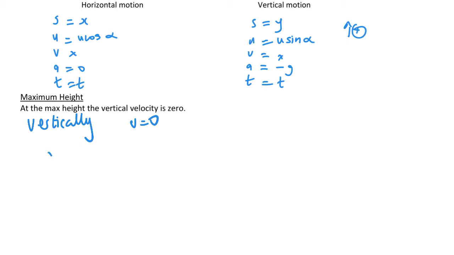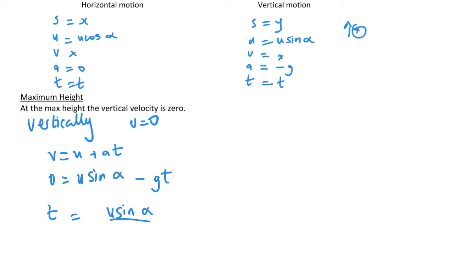So we can use v equals u plus at. We've got 0 equals u sine alpha minus gt. So then t is going to equal u sine alpha over g.